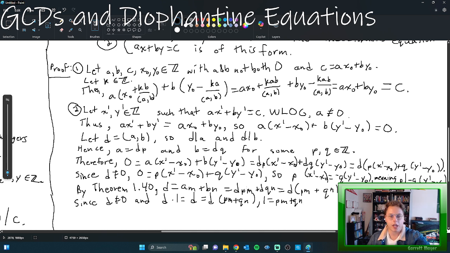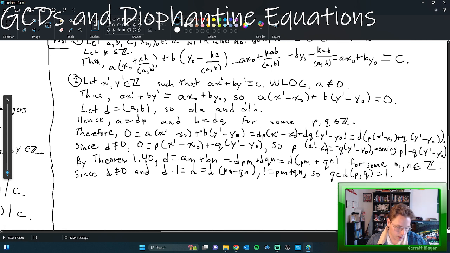And remember, if we can write that linear Diophantine equation of 1 equals p times x plus q times y, and we have solutions to that, which we do here, m and n, that means that the GCD of p and q is 1. So we know that p and q are relatively prime. And that's by theorem 1.39.